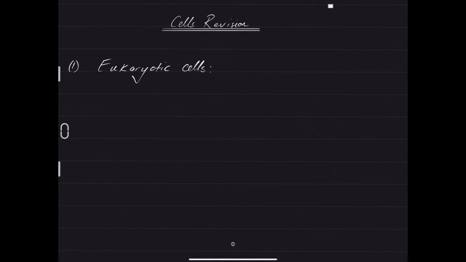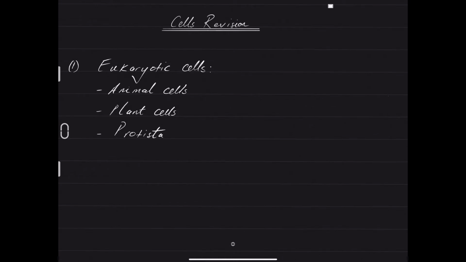So examples of eukaryotic cells: animal cells, plant cells, protista. So animal cells, plant cells, protista. These are examples of eukaryotic cells.